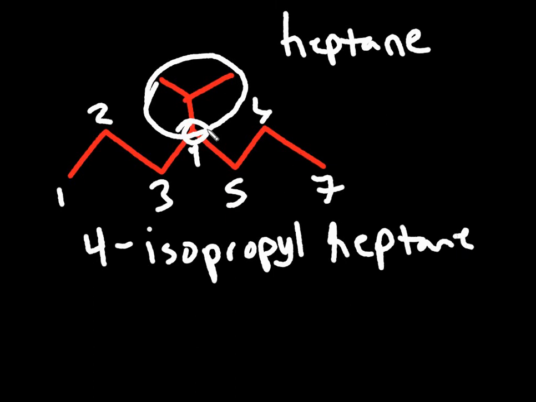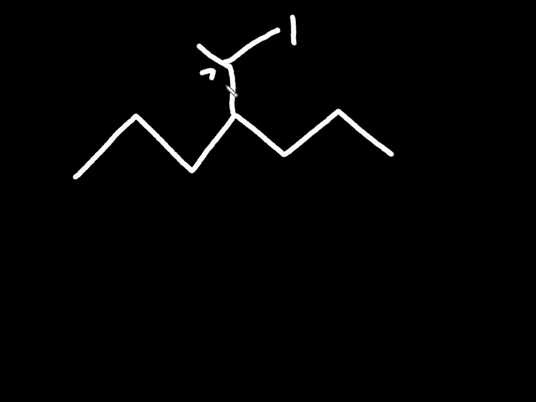Okay? And if we count it the other way, we'd still get the same thing, because this compound is symmetrical. If we count it this way, 1, 2, 3, 4, we still end up with the same name. Okay? Longest chain is 7. And just to go back on this, if we counted it any other way, say we started here, 1, 2, 3, 4, 5, 6.